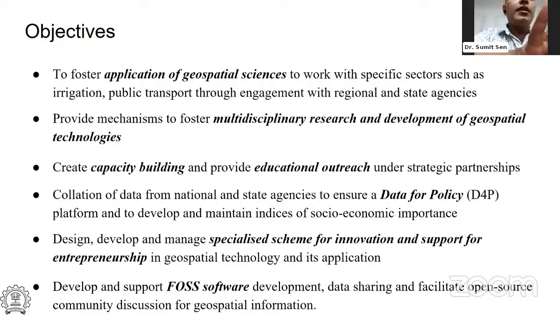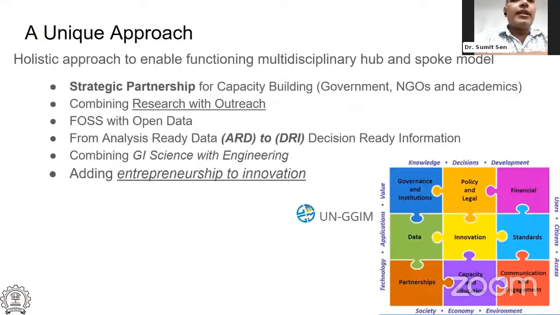So these multiple objectives that you see are very well thought out, and the logic behind these objectives is the focus of my presentation. It is in some way a unique approach, and what we are looking to create is a holistic approach to enable a functioning multidisciplinary hub and spoke model.